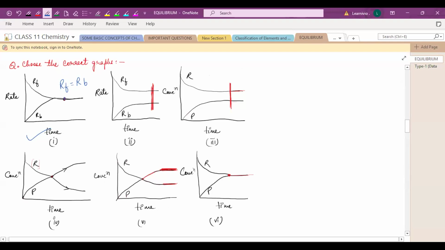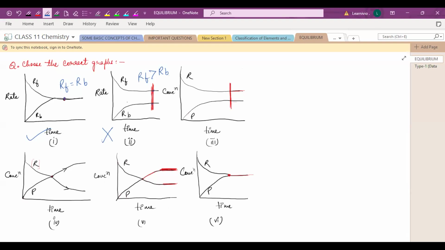Rate of forward reaction is here, and the rate of backward reaction is here. So this is not a correct graph for equilibrium. At equilibrium, this type of graph does not exist because the first condition does not match. The rate of forward reaction must equal the rate of backward reaction. Second one is wrong graph.